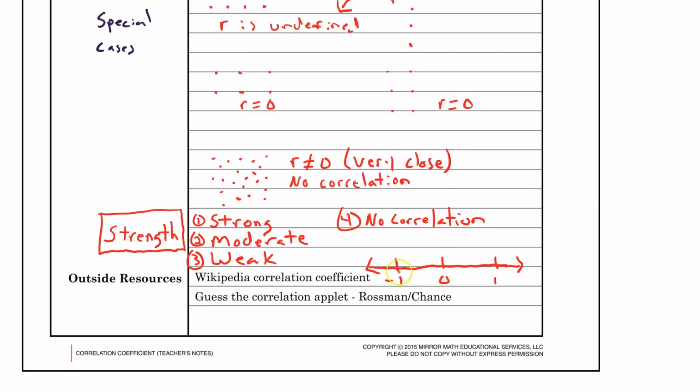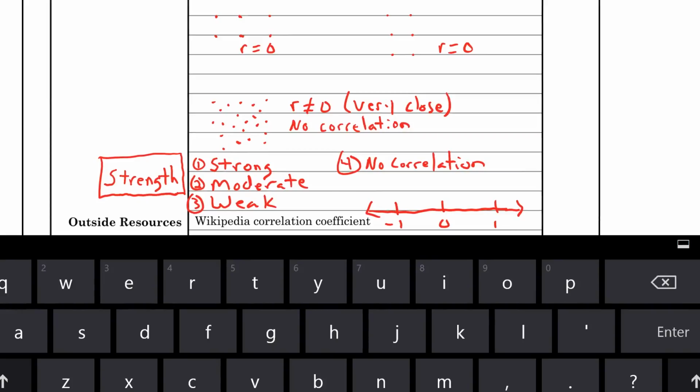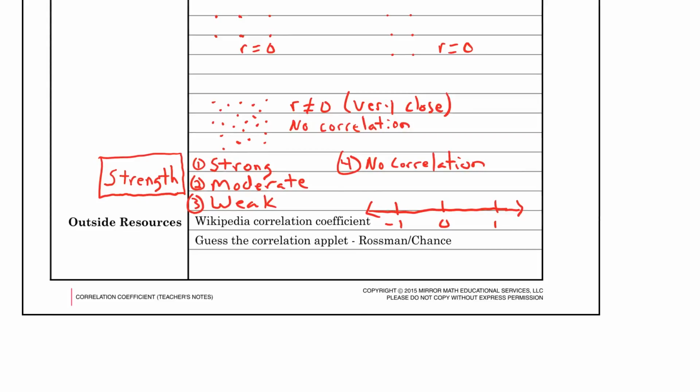Now, the truth is that these terms, strong, moderate, weak, and no correlation, it'll be entirely a matter of context. For instance, you could have a number fairly close to 0, like R of 0.2 or R of 0.3. If you had an R of 0.2, that would give you an R squared of 0.04.